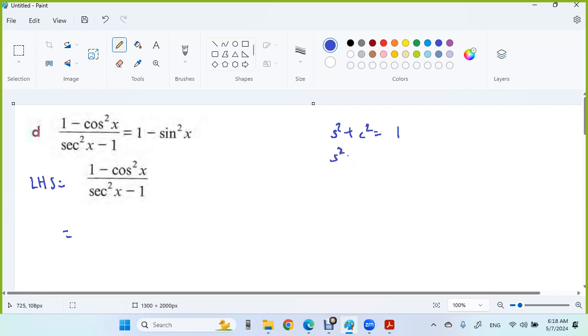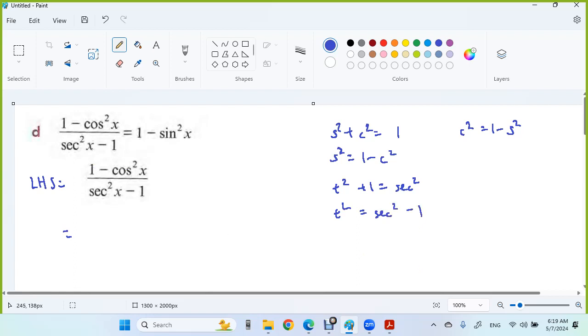So sine square is 1 minus cos square, and then the cos square will be the 1 minus sine square, and then we know that tangent square plus 1 equal to secant square. Okay, so tangent square equal to secant square minus 1.